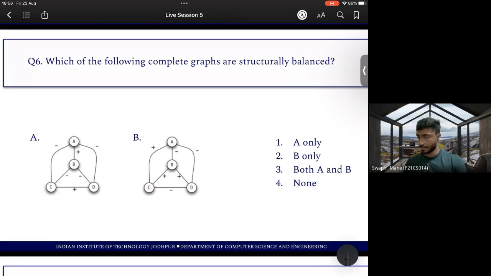Okay. Considering this network A and network B, which are complete graphs, which graph do you think is structurally stable or balanced?